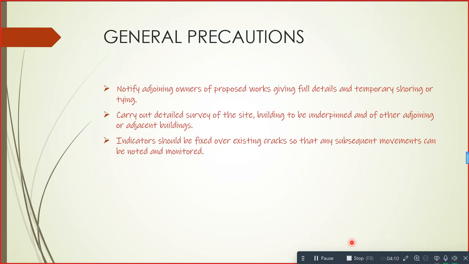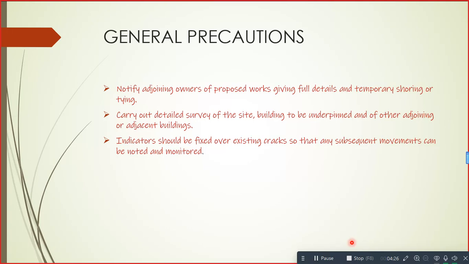We have the general precautions. Number one, notify adjoining owners of proposed works, giving full details and temporary shoring.